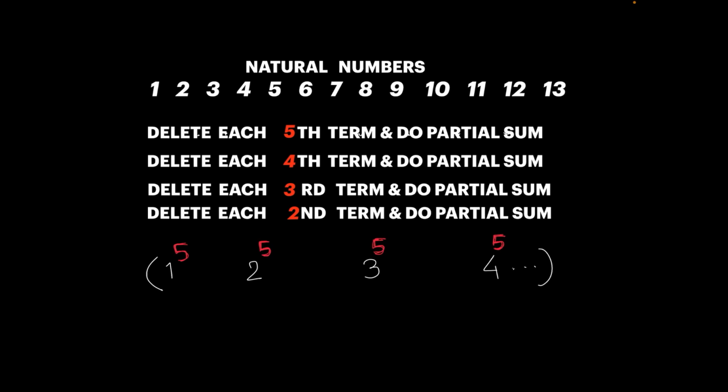That means 1 to the power 5, 2 to the power 5, 3 to the power 5, 4 to the power 5, and so on, because we started deleting each fifth term, isn't it? So we will get the power 5 sequence.